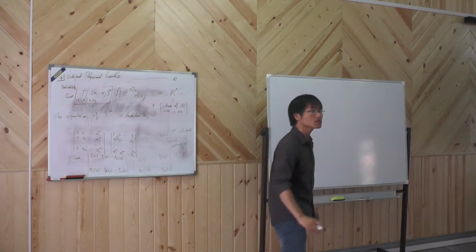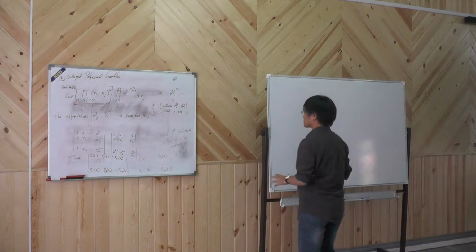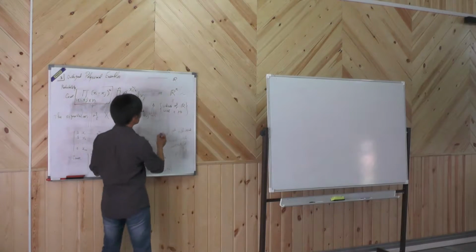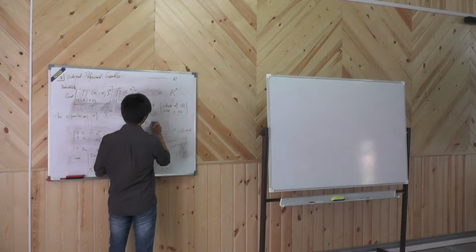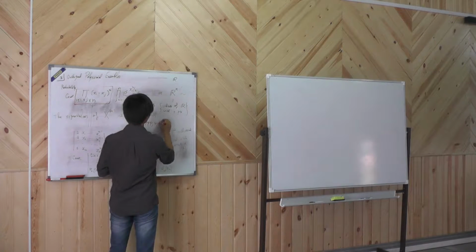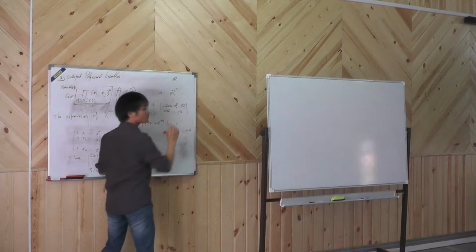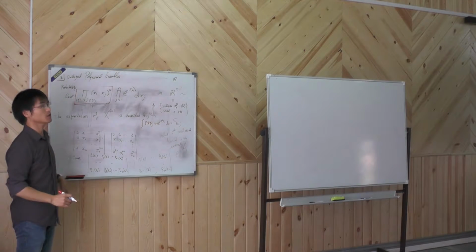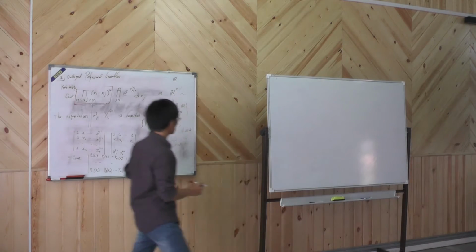Let me just recall what this means. This is the integral of Pi Pj times the weight dx equals delta ij. And in our case, Pj is the j-th Hermite polynomial. Let us continue.